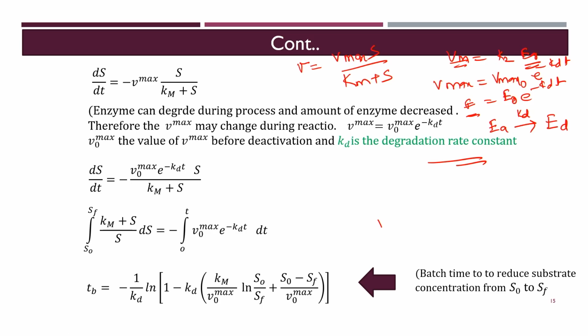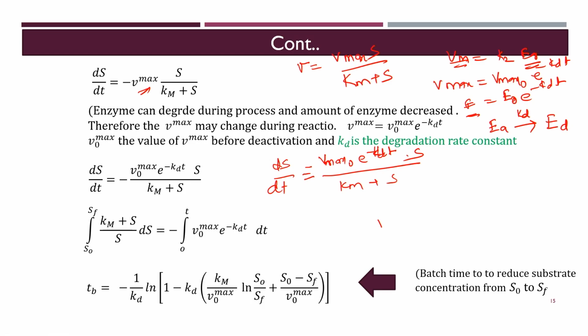Now, what is going to change here? We will be writing the kinetic equation: dS upon dt equals Vmax will be replaced by Vmax0 e to the power minus kd into t into S divided by Km plus S. This is again a simple integration, we can quickly integrate it.